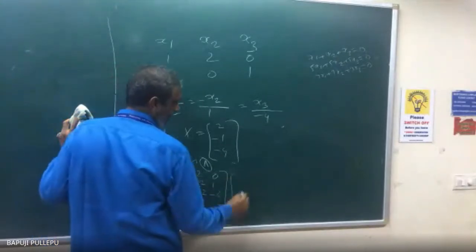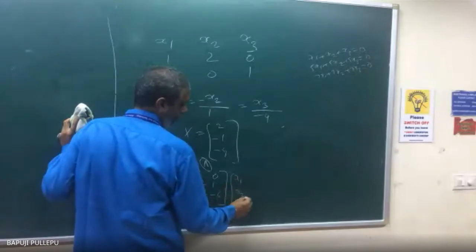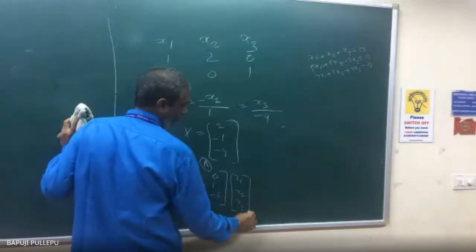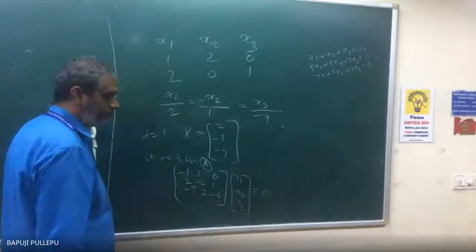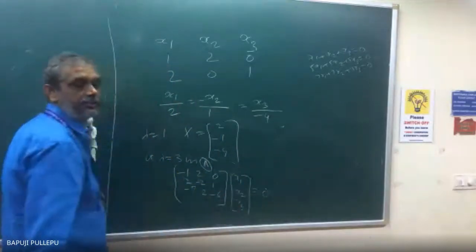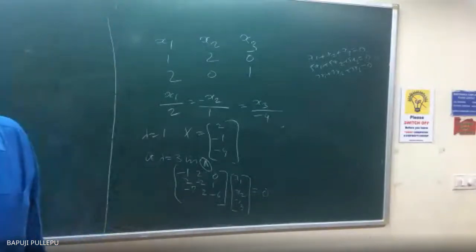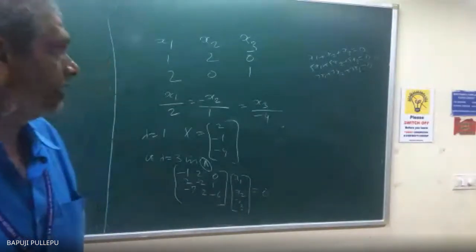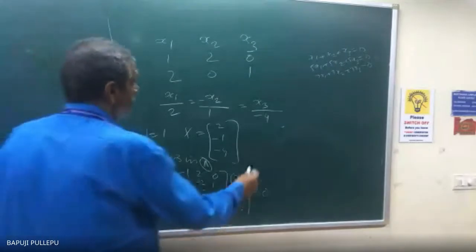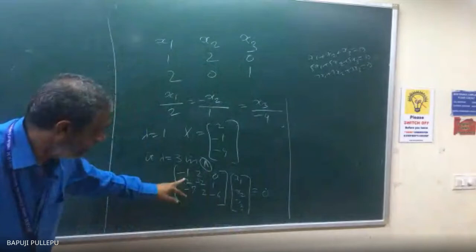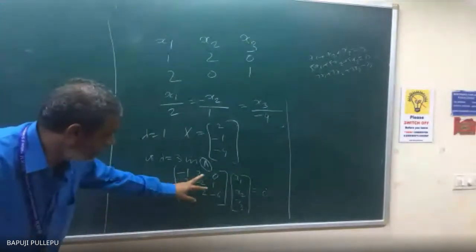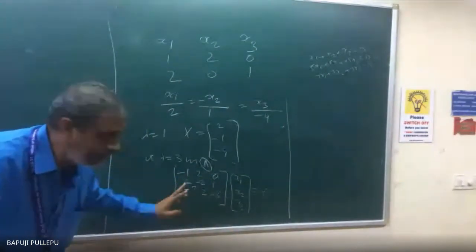Now you can write. This x1 is different, this x1 is different. For this matrix, these are the x1, x2, x3. Now again frame equations. From looking at this you can tell there is no repetition actually: -1, 2, 0, 2, -2, 1. Okay, happy.